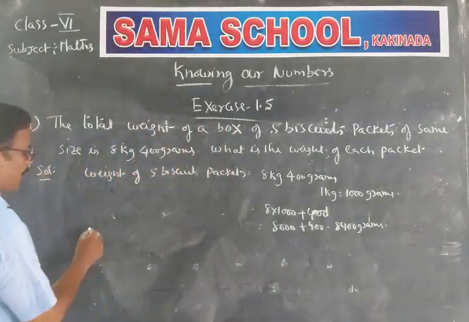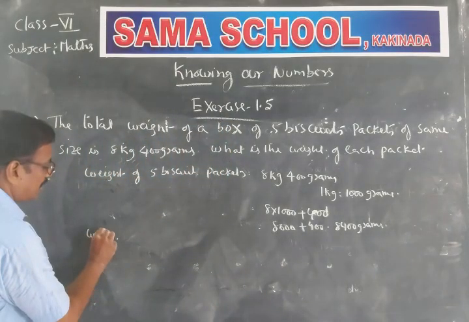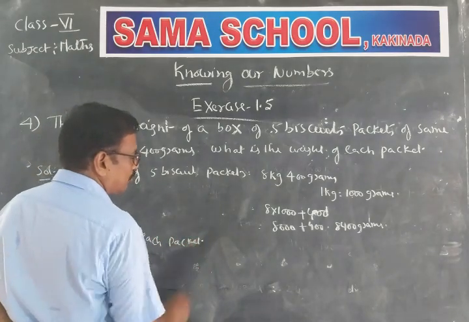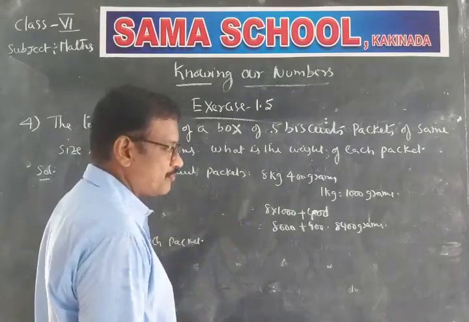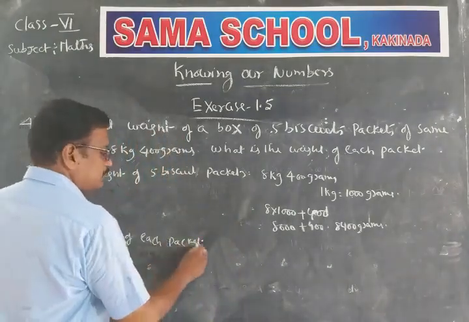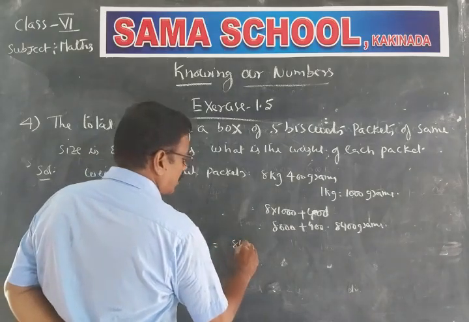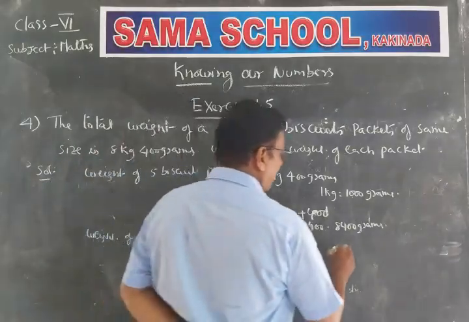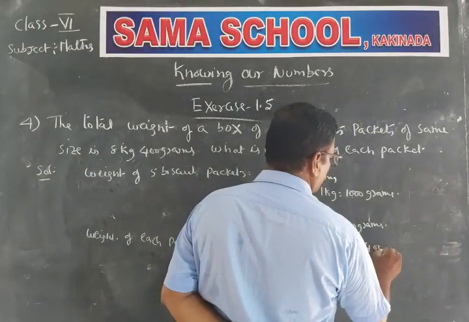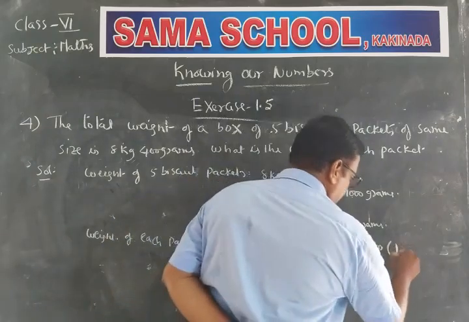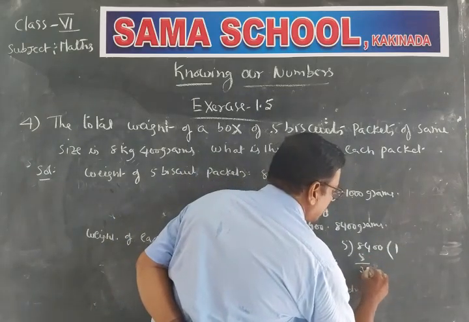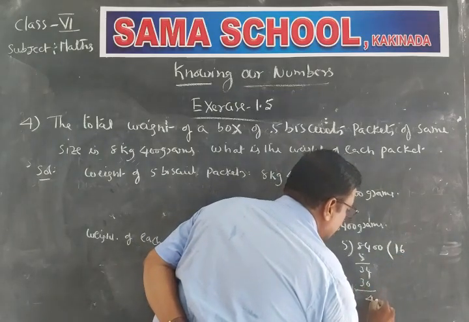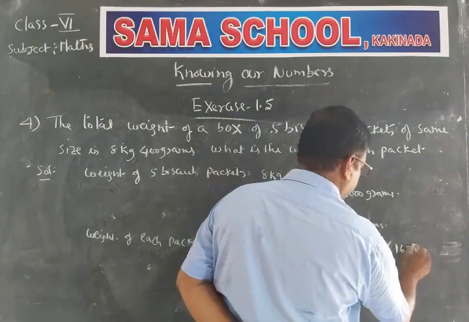Now the weight of each packet. The weight of 5 packets is equal to 8400 grams. The weight of each biscuit packet means 8400 divided by 5. Now divide 8400 by 5. 5 ones are 5, remainder 3, 34. 5 6s are 30, remainder 4, 0. 5 8s are 40.